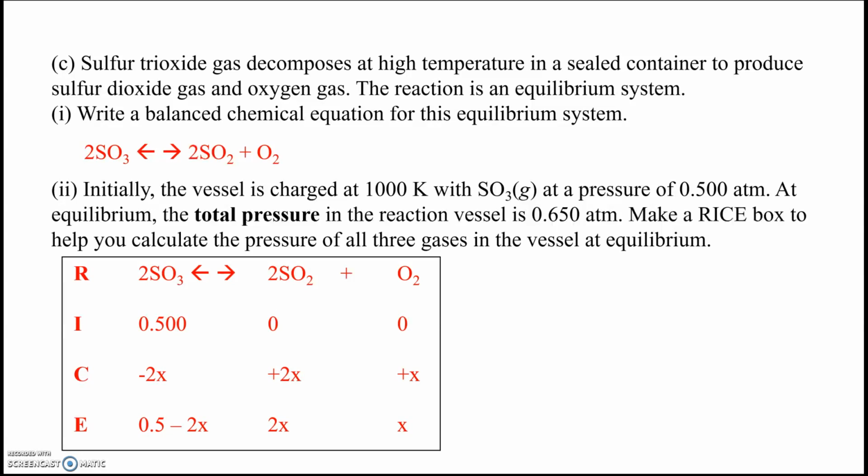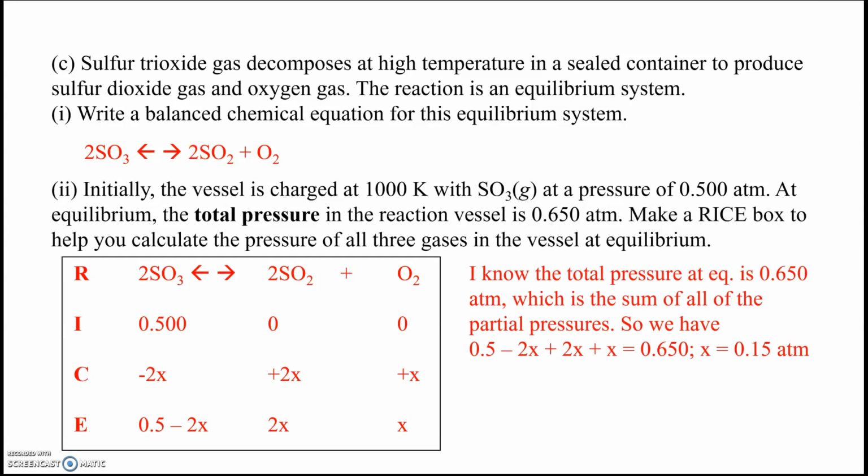And for oxygen, x. All right, I know the total pressure at equilibrium is 0.650 atmospheres, and that's the sum of all of the partial pressures at equilibrium. So I add them all up. I take all the elements in the E row and I add them together. 0.5 minus 2x plus x equals 0.650, and I just solve for x.